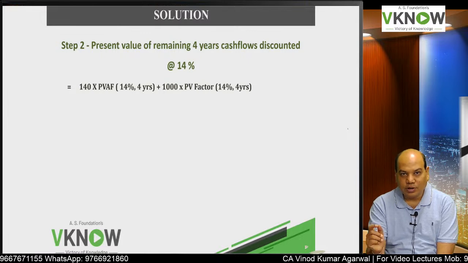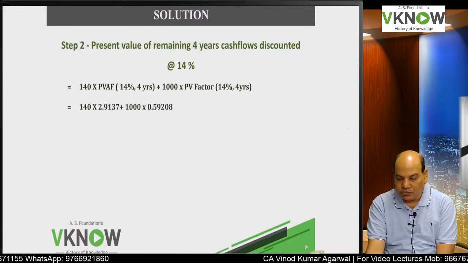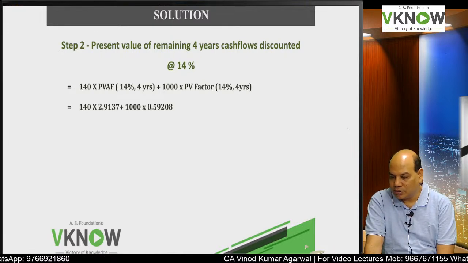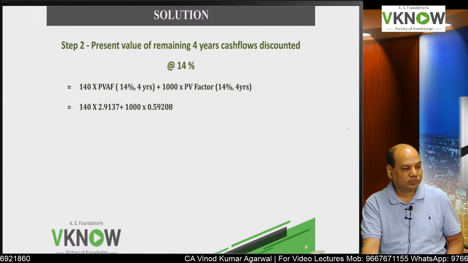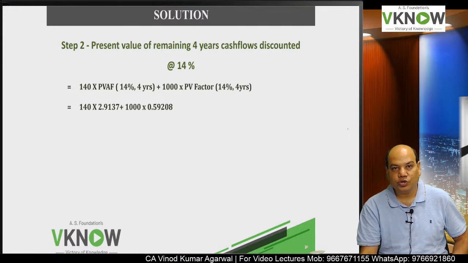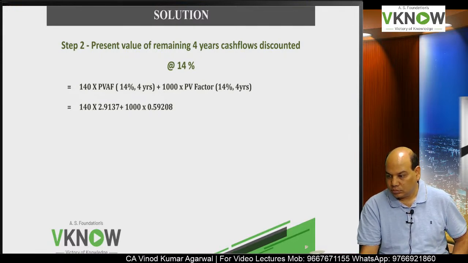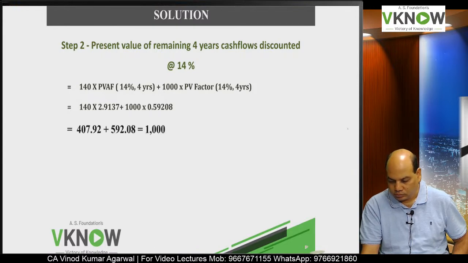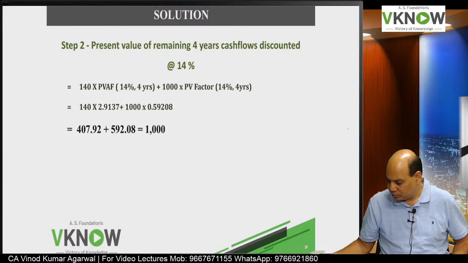So you take your calculator and compute the factors. 140 into 2.9137 plus 1000 into 0.59208. Check, is it right? Therefore the answer comes to 1000.